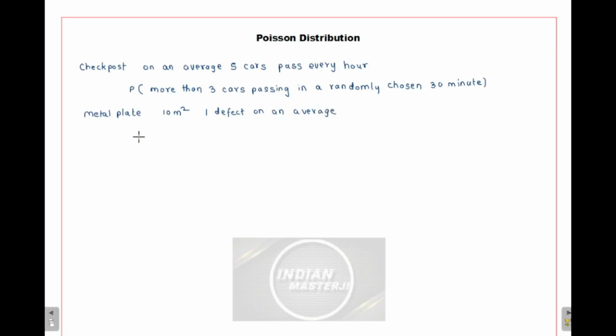So if I have to find out the probability that there are not more than 2 defects in a randomly chosen 50 meters square of metal plate, how are we going to find this?